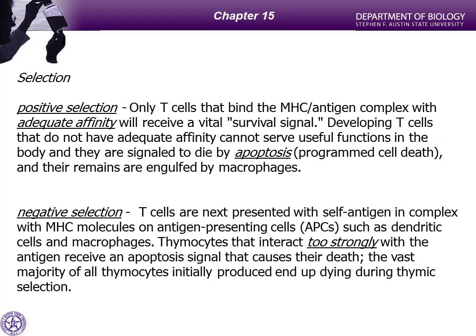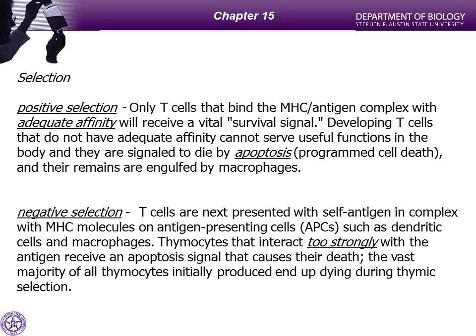If the receptor doesn't work, if it doesn't bind strong enough, or if it in fact binds too strong, those cells are going to be instructed to undergo apoptosis, or basically kill themselves. Positive selection.